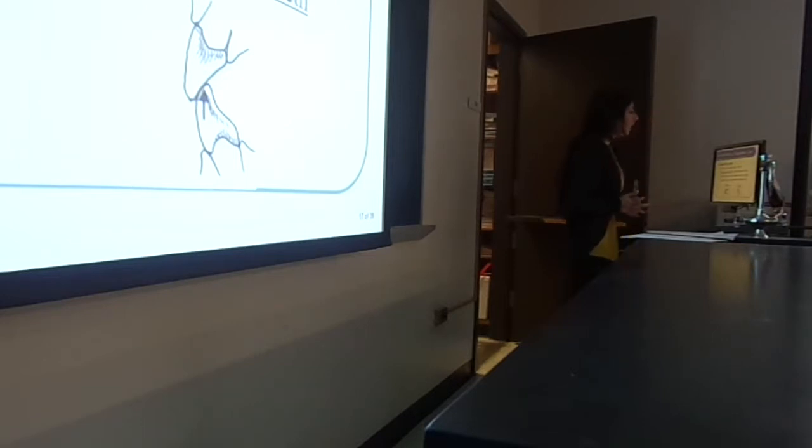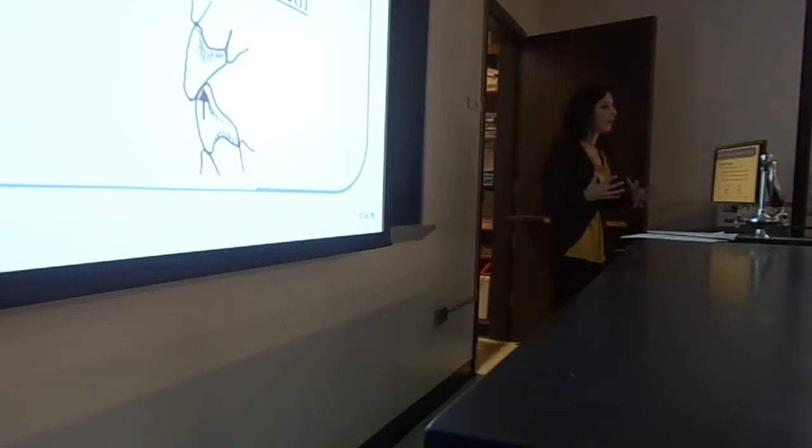Now, there's something called centric working or supporting cusps. So centric working, supporting, functioning, these are the cusps that do all the work. That's all that means. These are the cusps that do the work when you're chewing. And they function during centric occlusion.